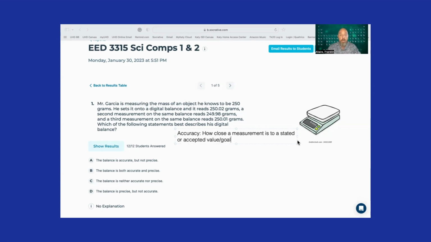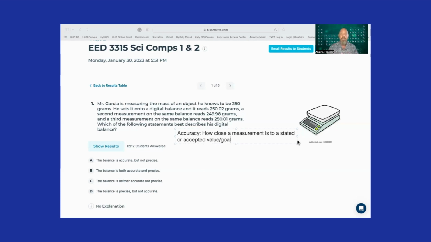Since we know this object has a mass of 250 grams, that allows us to compare the values that he got to the one that is stated or accepted. Even though we're not right on 250 for each of the three measurements, we can see that each of the three measurements is very, very close to that stated or accepted value.